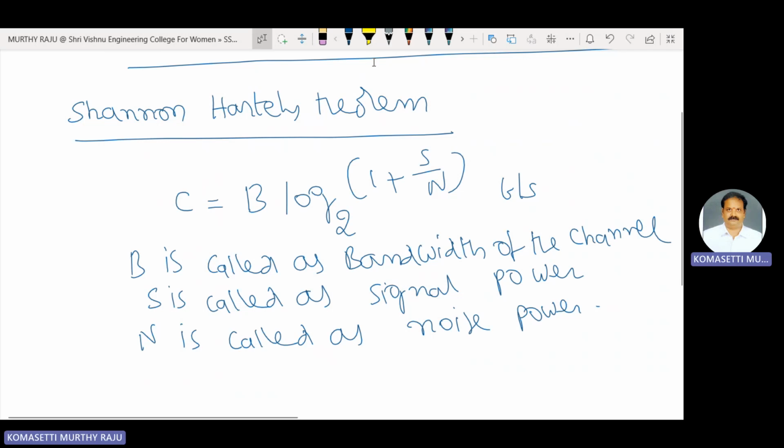The noise can be Gaussian or impulse in nature.